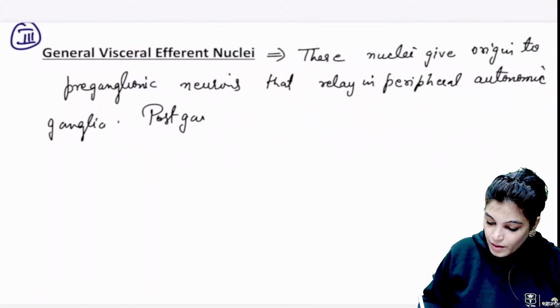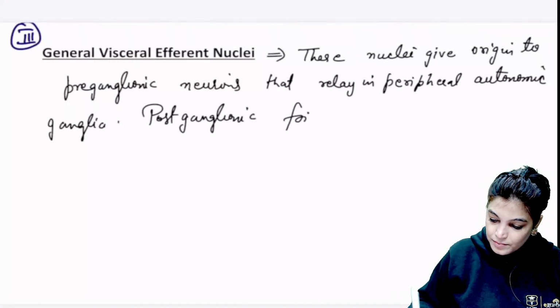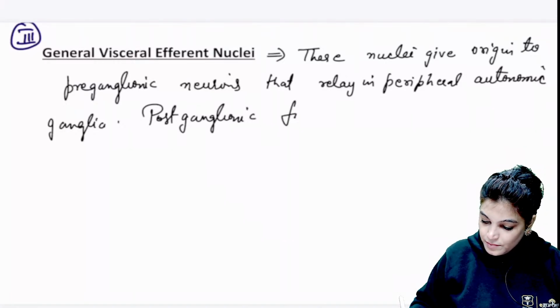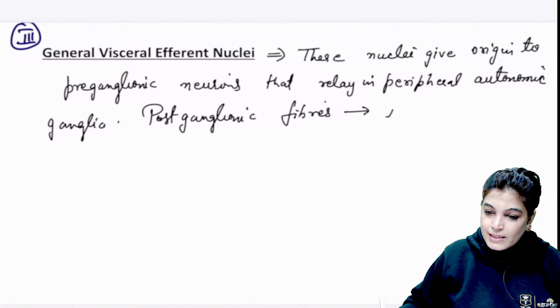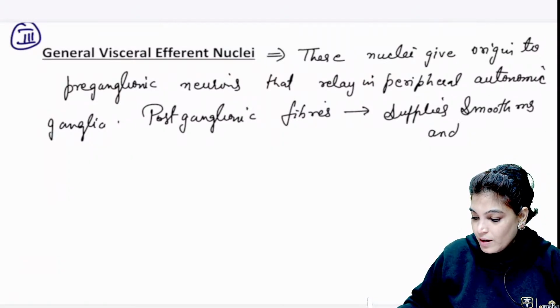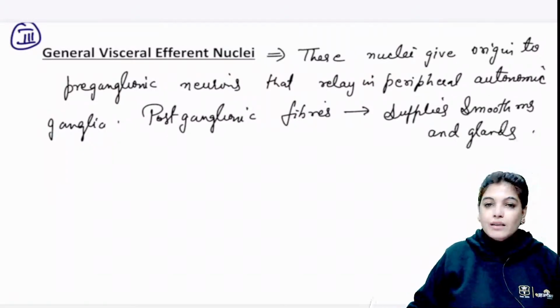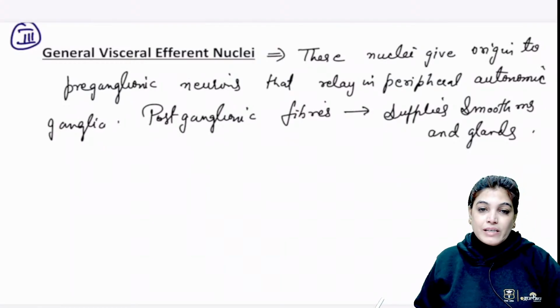Postganglionic fibers arise from these ganglia and supply smooth muscles and glands. This is the general function of the general visceral efferent nuclei.